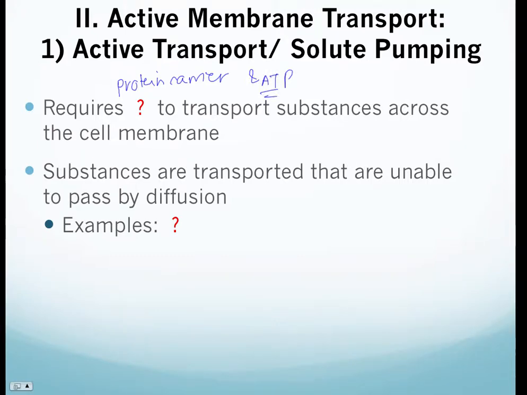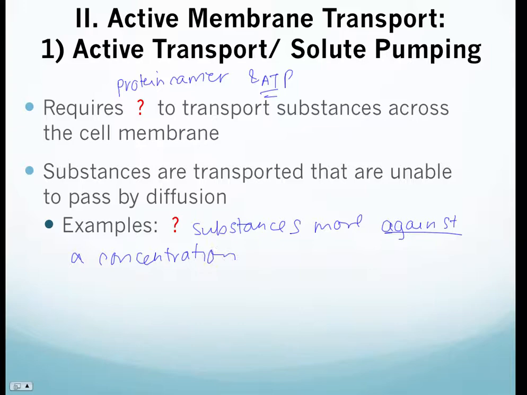Okay, so substances that are unable to pass through by diffusion are going to need energy. Also, most of the time you're going to see this when substances move against a concentration gradient.